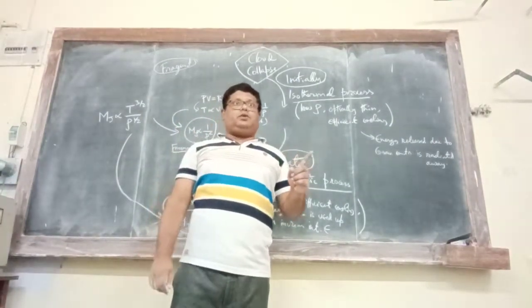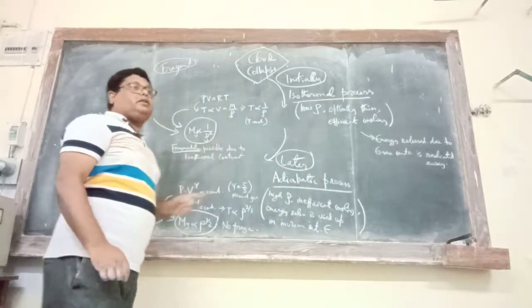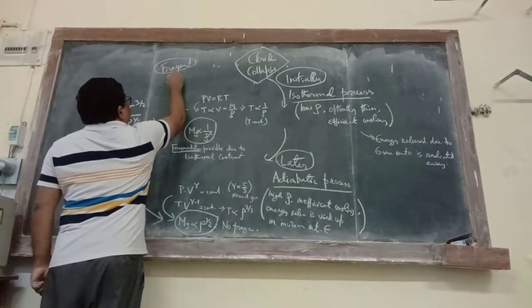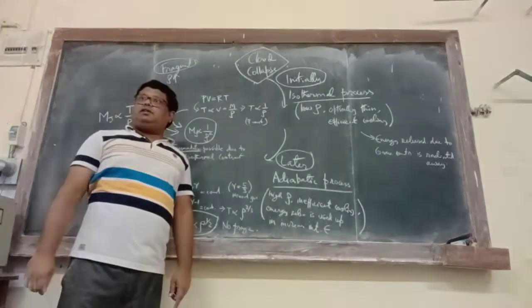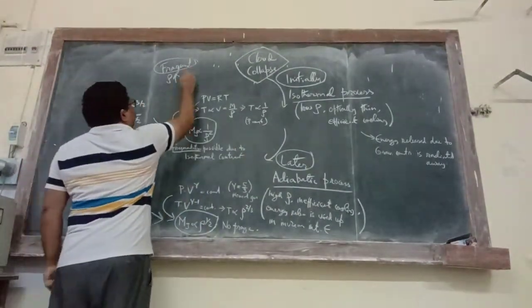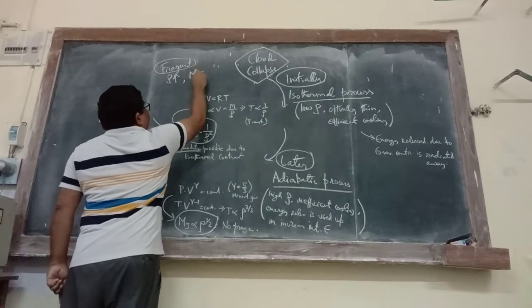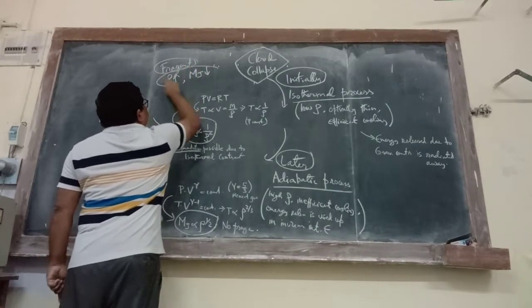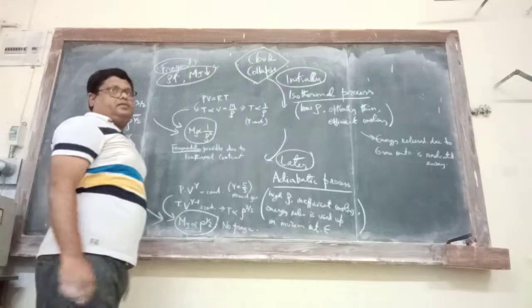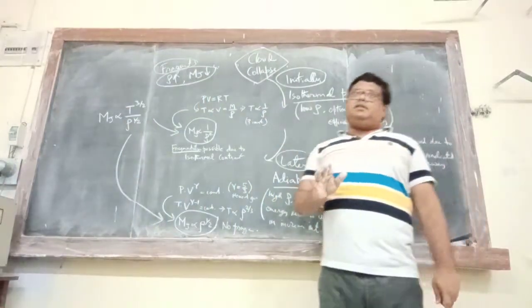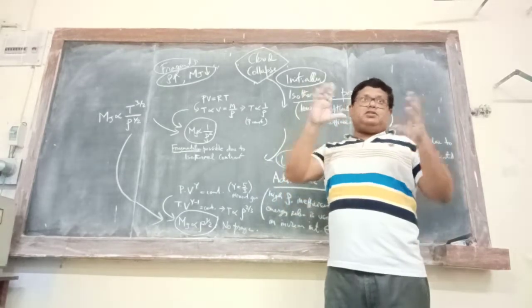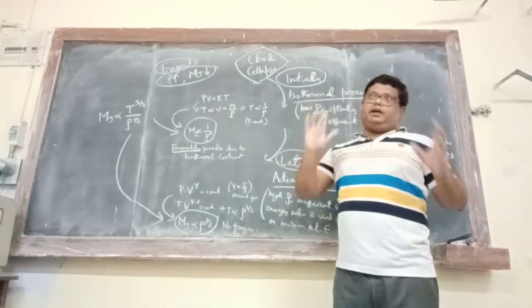But one thing is important: density will always increase. And for fragmentation, we must have that Jeans mass must decrease if density increases. So, if Jeans mass decreases, then only fragmentation will happen, into small parts.